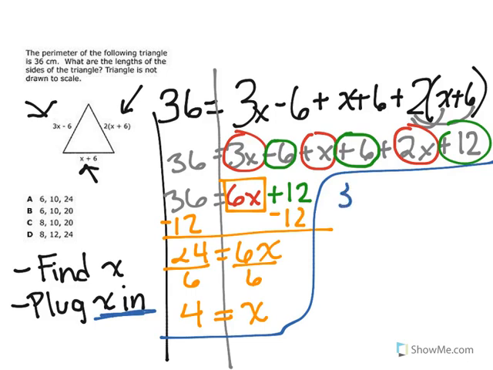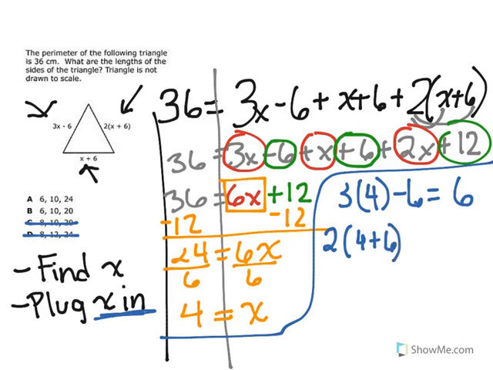So 3 times 4 minus 6 is 12 minus 6, which is 6. That means I can eliminate C and D. Then I have 2 times 4 plus 6.